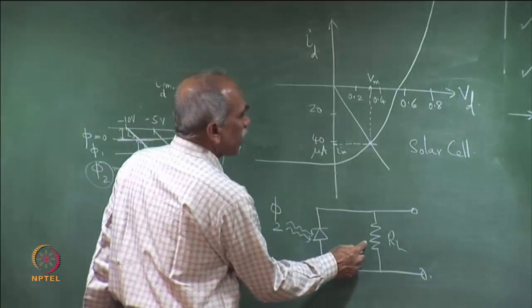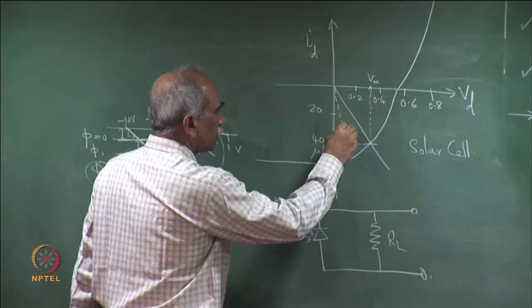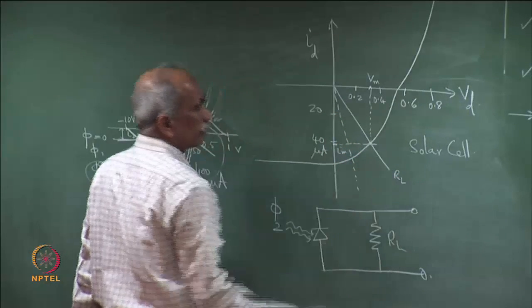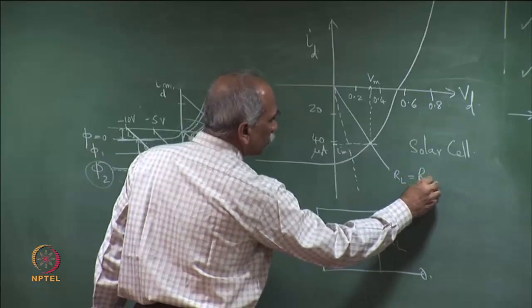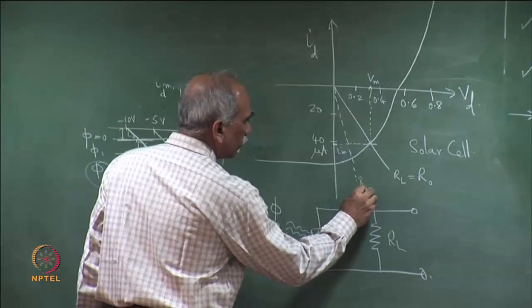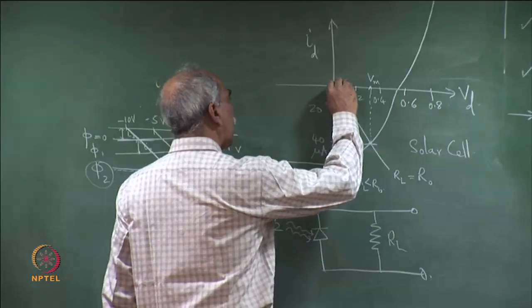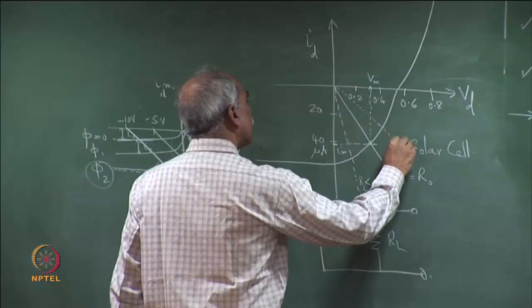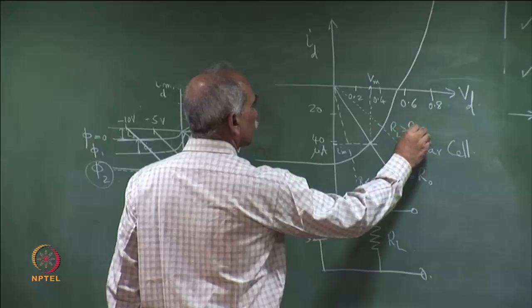If I use a smaller RL, we will have a load line like this. Let us say RL is equal to R0, some number, then this will be RL less than R0, and if I use a larger resistance, then this will be the load line corresponding to RL greater than R0.